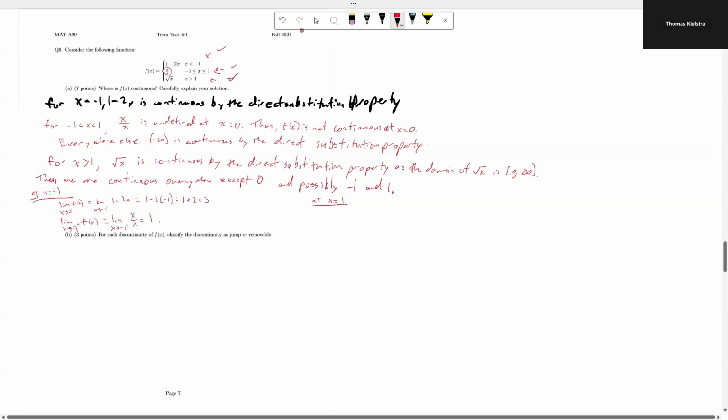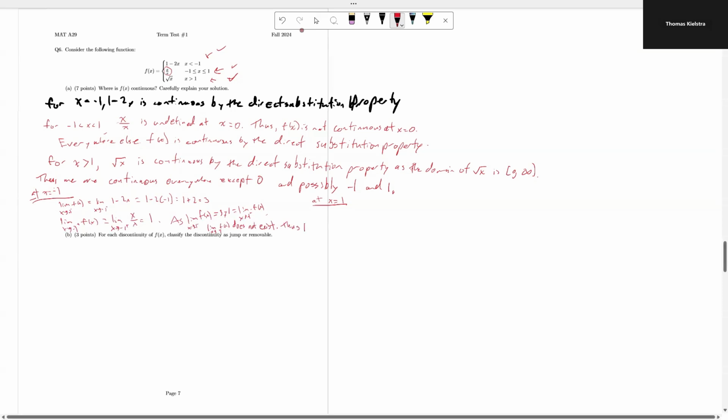As the limit from the negative side equals 3, which does not equal 1, the limit from the positive side, the limit as x approaches minus 1 of f of x does not exist.